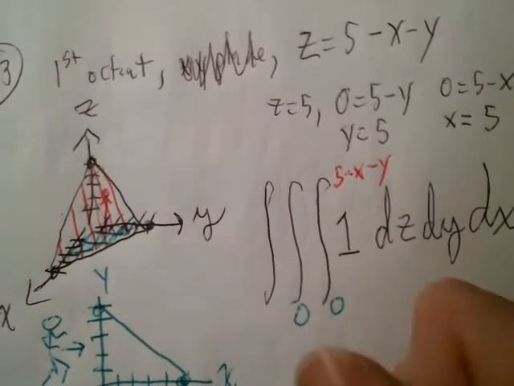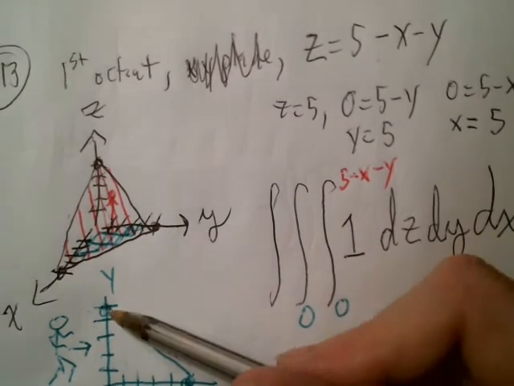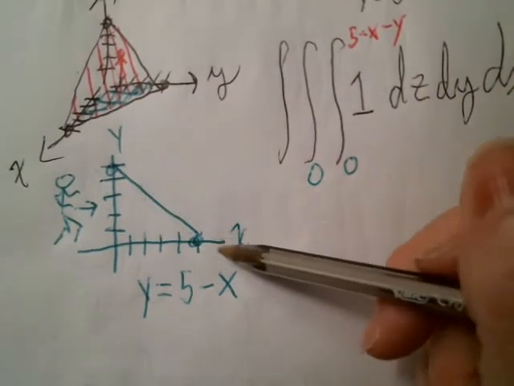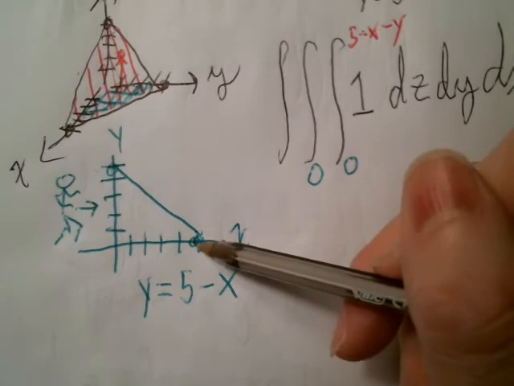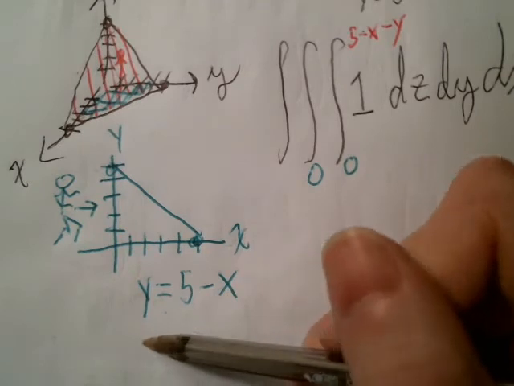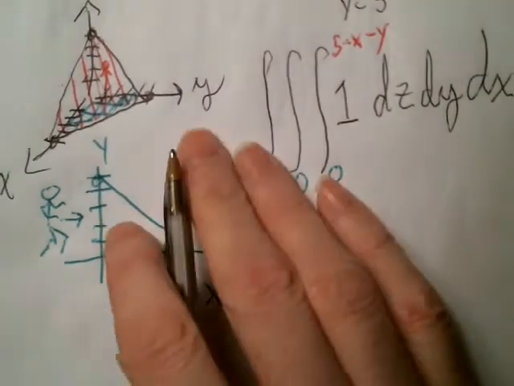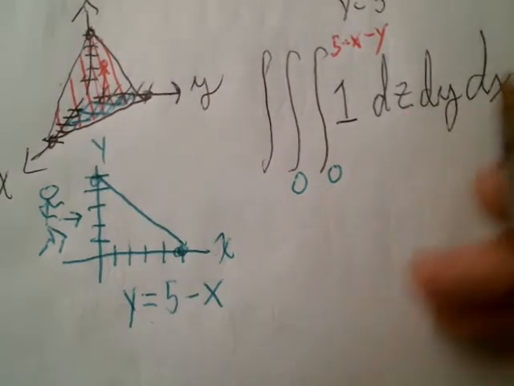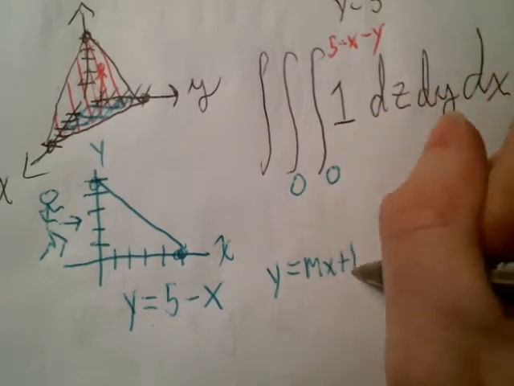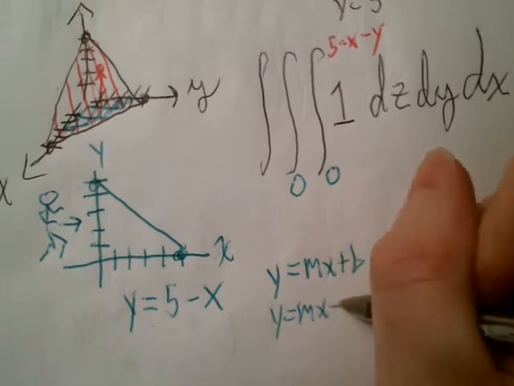And you can check to make sure, right? So when x is 0, y is 5. And then when y is 0, x will equal 5. Okay, so it works. However you get that line, it's like y equals mx plus b. You know the intercept b is 5, so y equals mx plus 5.